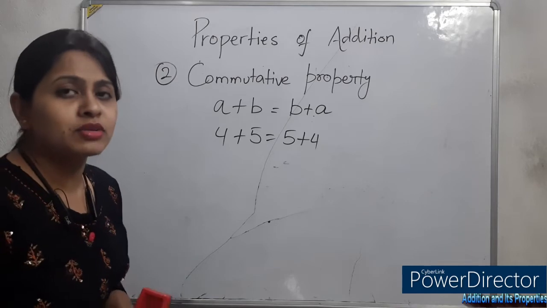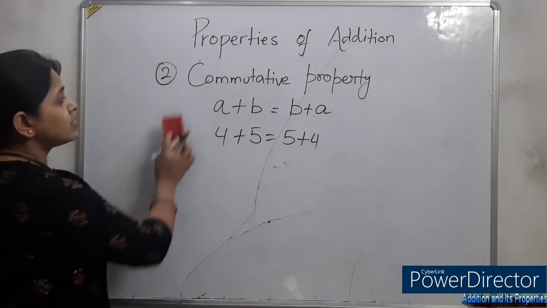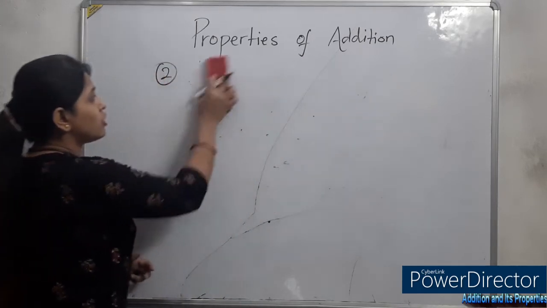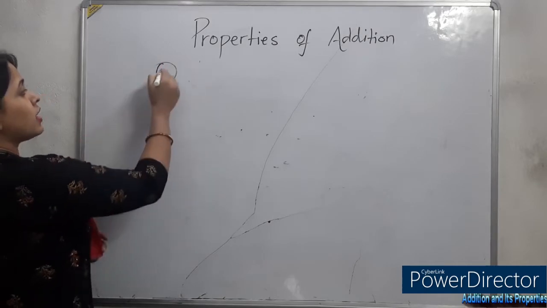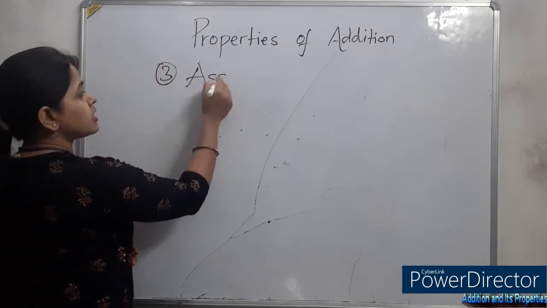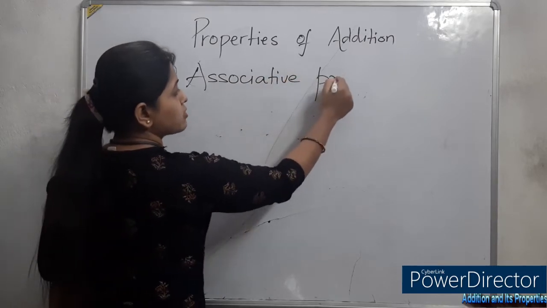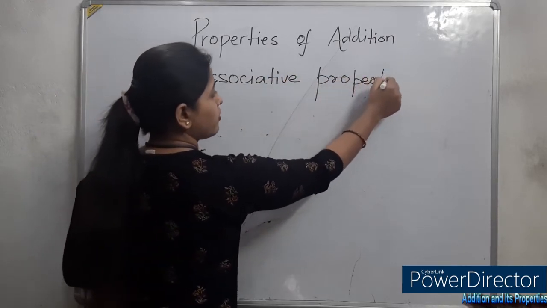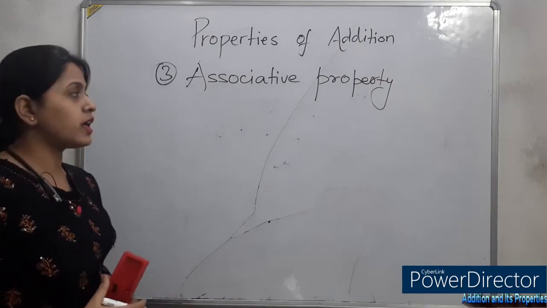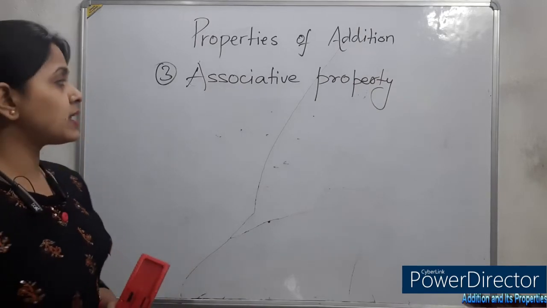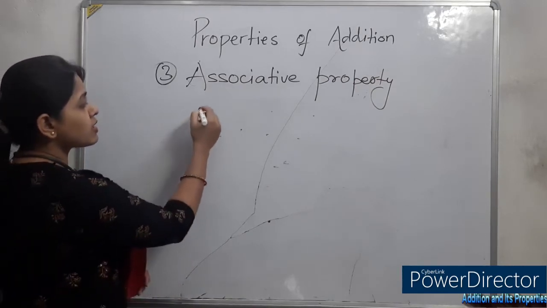Now let's talk about the third property, you all know what the third property is. The third property is associative property of addition. In associative property, what is the formula? The formula is very simple.